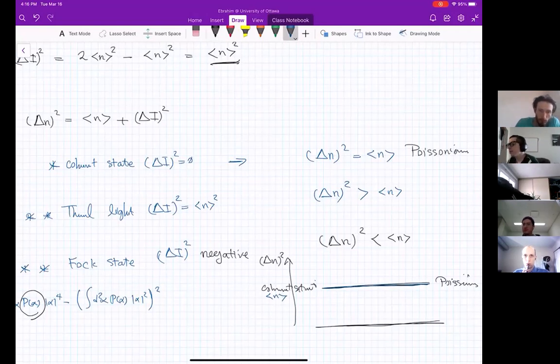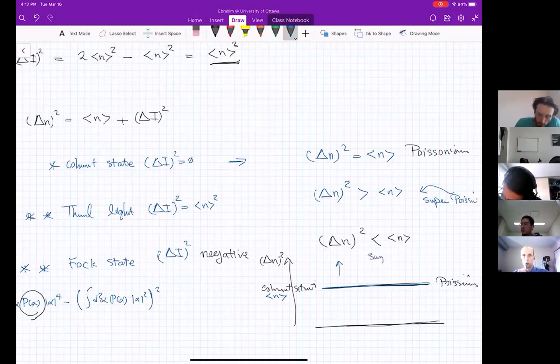Then we have two different regimes. One is where the variance is greater than what you have for the coherent state. Then we call this super-Poissonian. So it is this region.